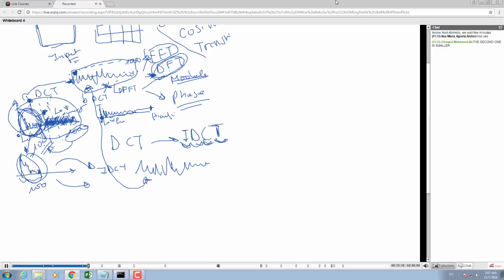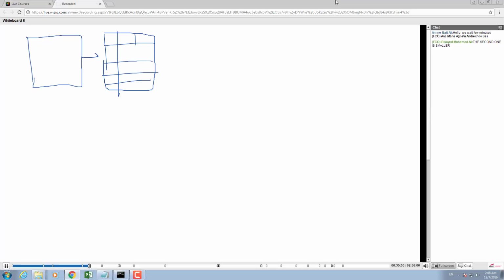So if you apply it for images, let's create a whiteboard. It will be the same. Input, okay. The DCT using the JPEG will be processed like this, block by block.